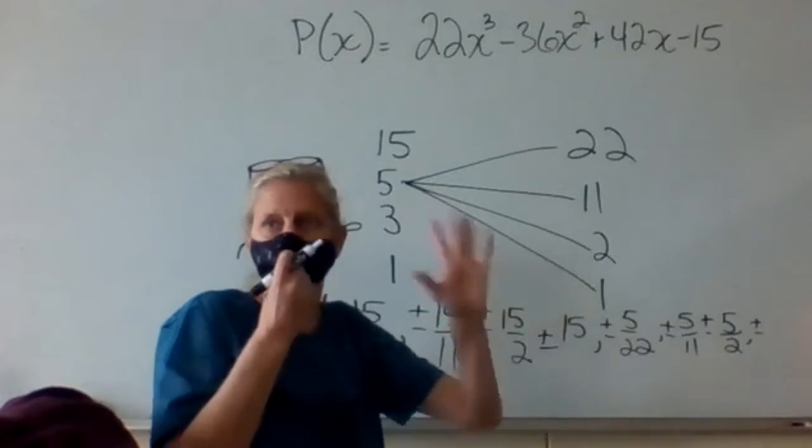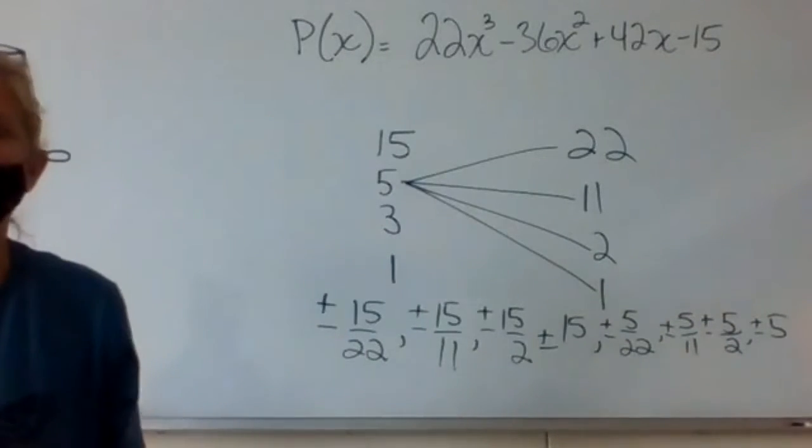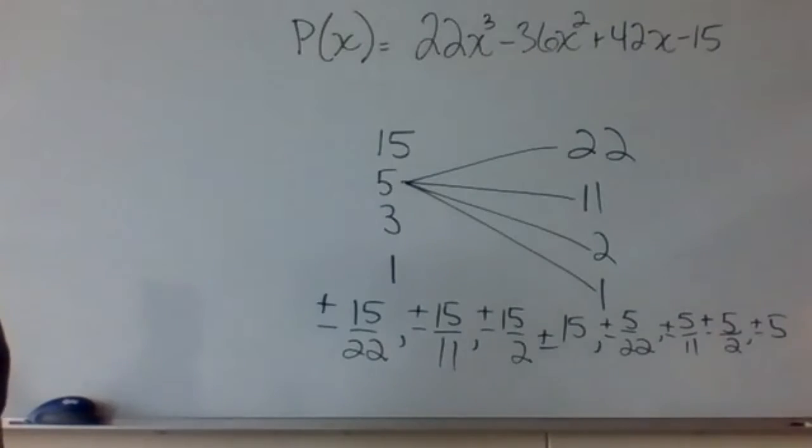And what is 5 over 1? 5. So plus and minus 5. I'm only going to do one of these. You're going to use this example to do 14a and 15.